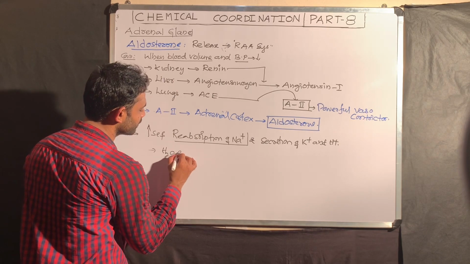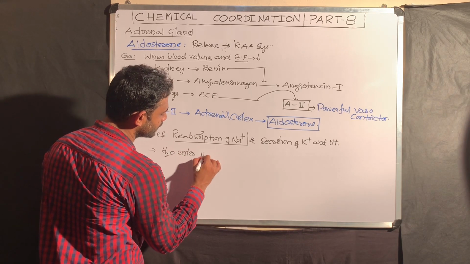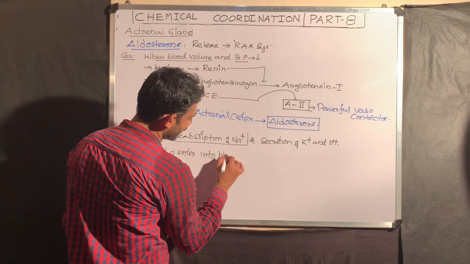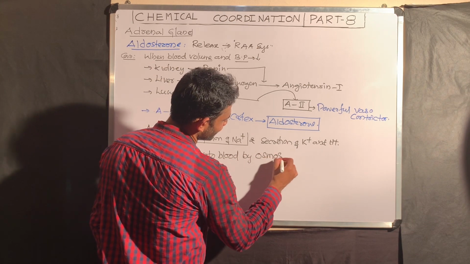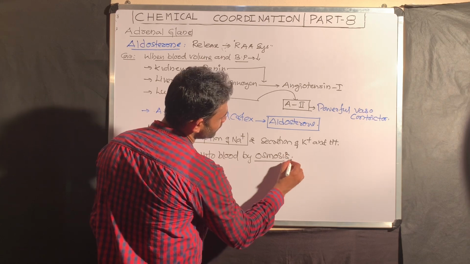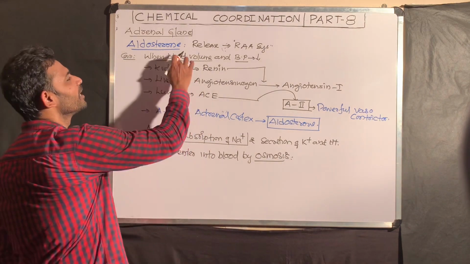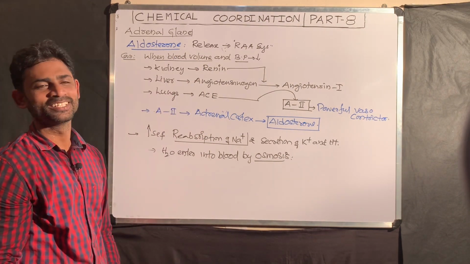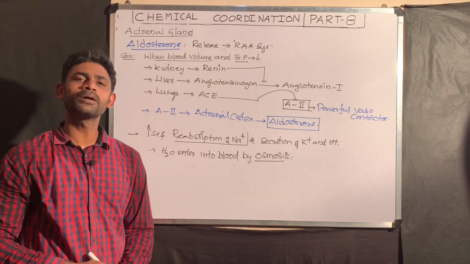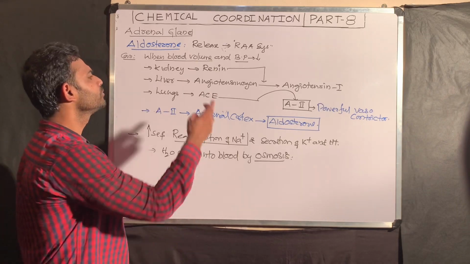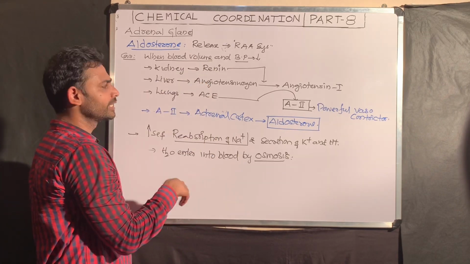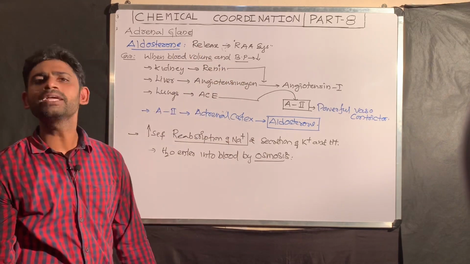Water enters into the blood by osmosis. When water is entering into the blood through osmosis, automatically blood volume is also increasing. So through reabsorption of sodium it increases the BP, and through the water entering, blood volume is also increasing.